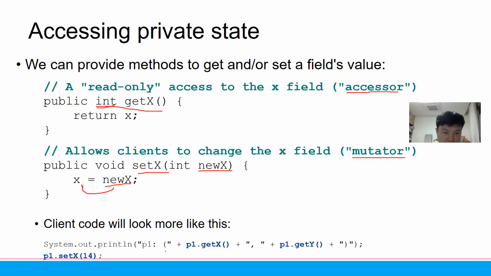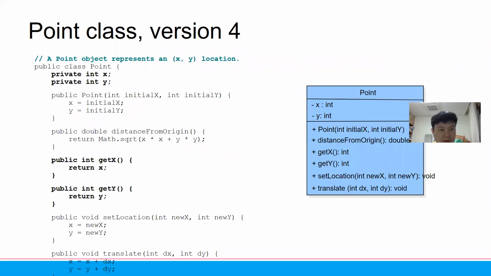If you have P1 and we want to get x and get y, you can check after you have this statement and then change x to 14, what happened? If you print the P1, then it will show you the 14. Now let's see the overall code in version 4.